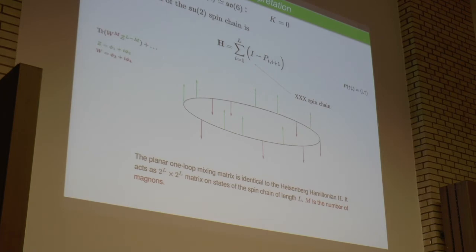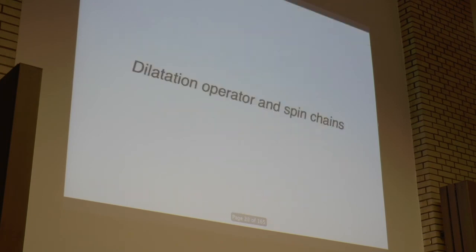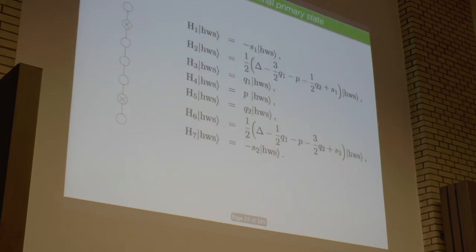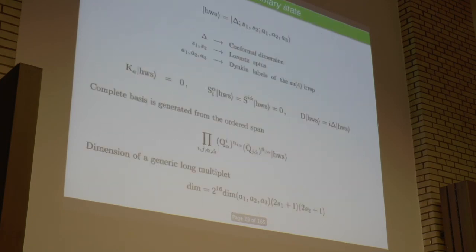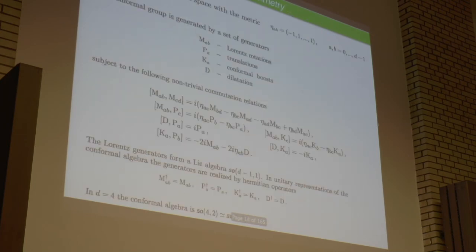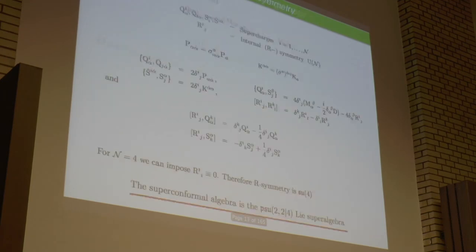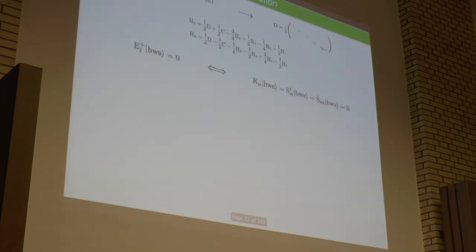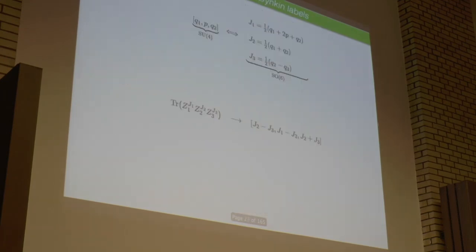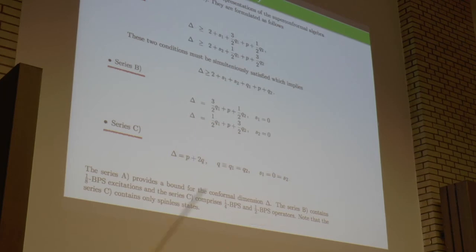As you have seen from my classification of unitary representations, where was it? It was somewhere here. Yes, here. You see that, for instance, for operators of series C, the dimension is exactly given in terms of Dynkin labels.